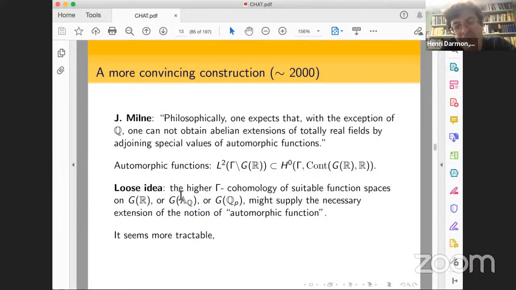Initially at least, it seemed to be a little bit more tractable to develop this idea, but not absolutely indispensable, in the setting of p-adic symmetric spaces, so when we work with the Q_p points of the group.